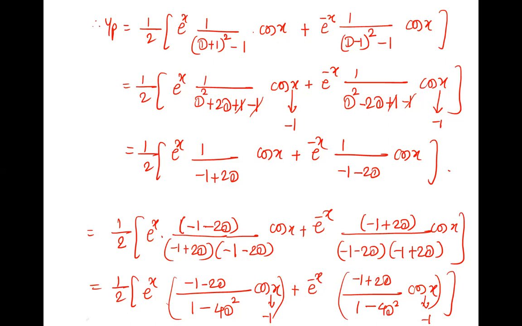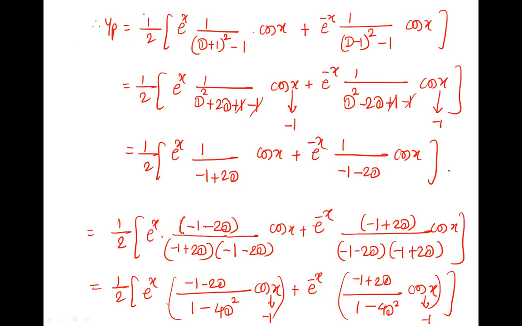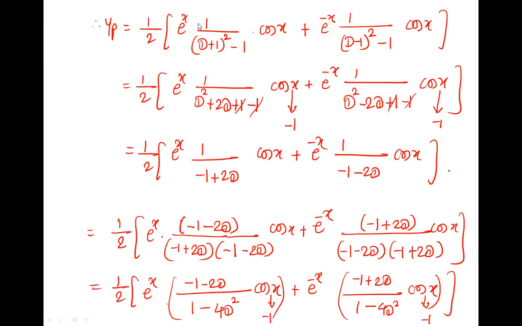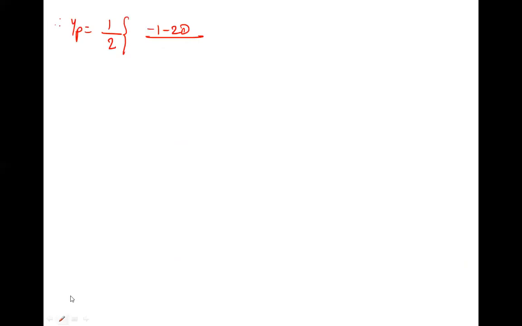Write that. Okay, therefore yp is equal to 1 by 2 as it is there into 1, see what comes, minus 1 minus 2D upon 1 minus 4D square. 1 minus 4D square is minus 1 into cos x.